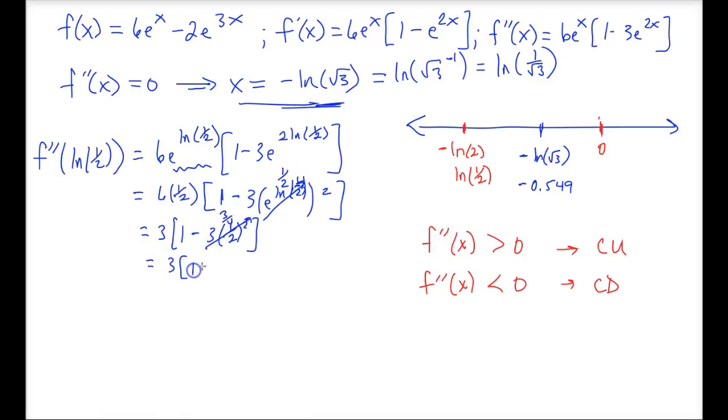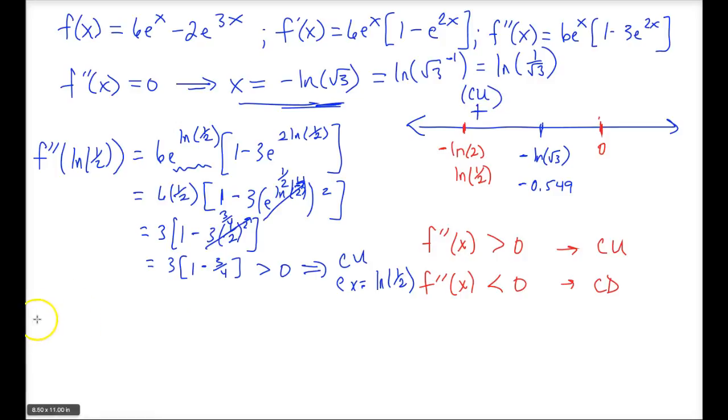And so you can quickly see here that this value is going to be greater than 0. No need to calculate what it actually is. So this means that our graph is going to be concave up at x equals natural log of 1/2. So we know here it's going to be positive, which means concave up.